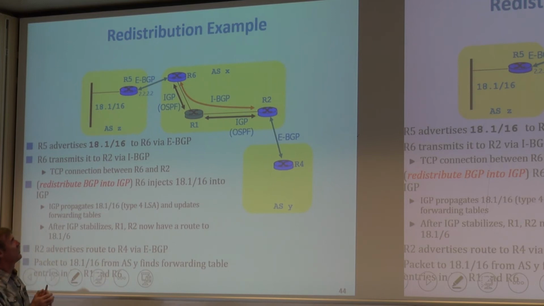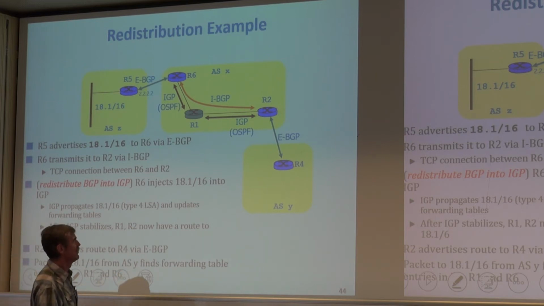R2 is not on link with R6, but is connected indirectly to R6, and there is a TCP connection illustrated in orange or yellow, depending on your chromatic processing, that makes R2 and R6 BGP peers. Remember, inside the network, there is a BGP mesh that all BGP routers talk together over TCP connections that are possibly multi-hop.